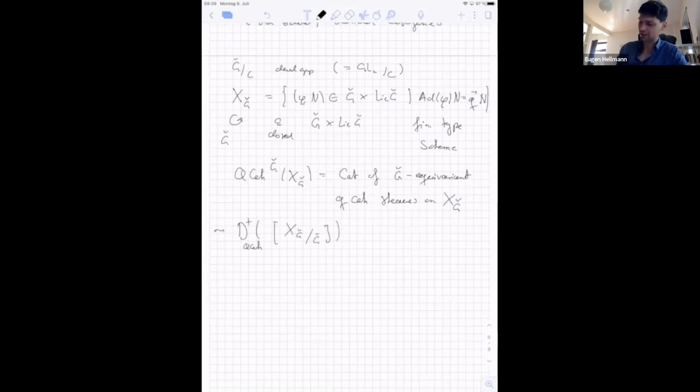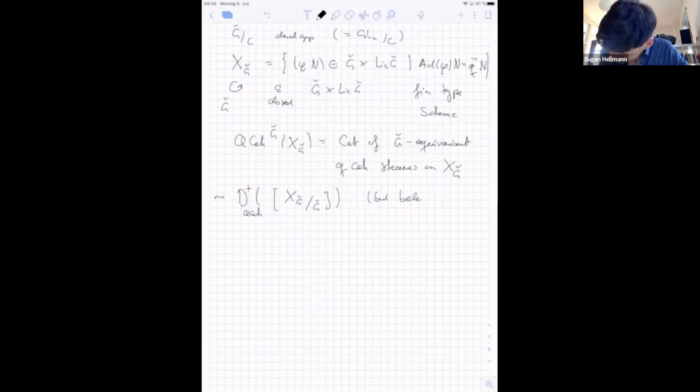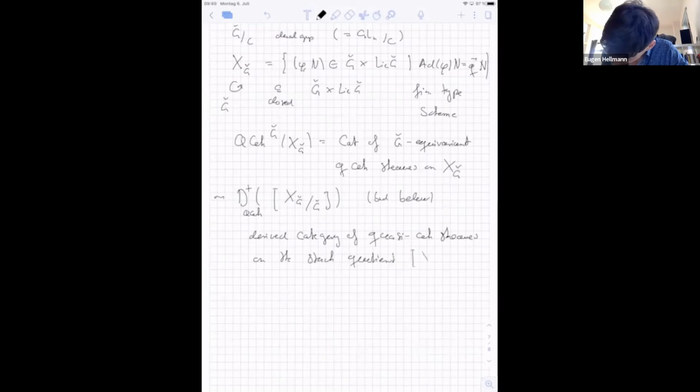So in fact, the correct object to consider here is the derived, or the bounded below derived category of quasi-coherent sheaves on the stack quotient of X_G-check by G-check.